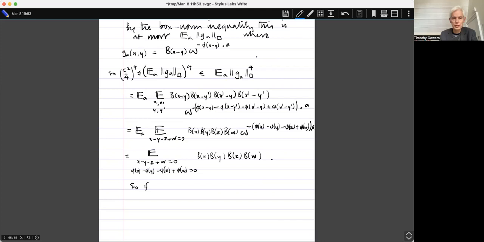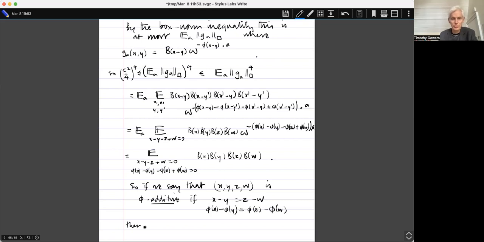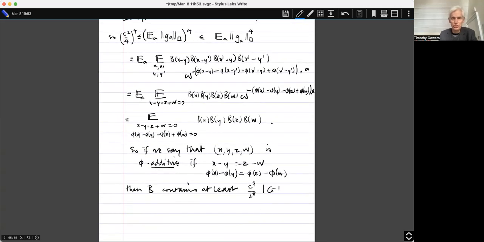So if we say that x, y, z, w is phi-additive if x minus y equals z minus w and phi(x) minus phi(y) equals phi(z) minus phi(w), then B, which is a subset of G, contains at least (c squared over 4) to the 4, so c to the 8 over 2 to the 8, times |G| cubed phi-additive quadruples.